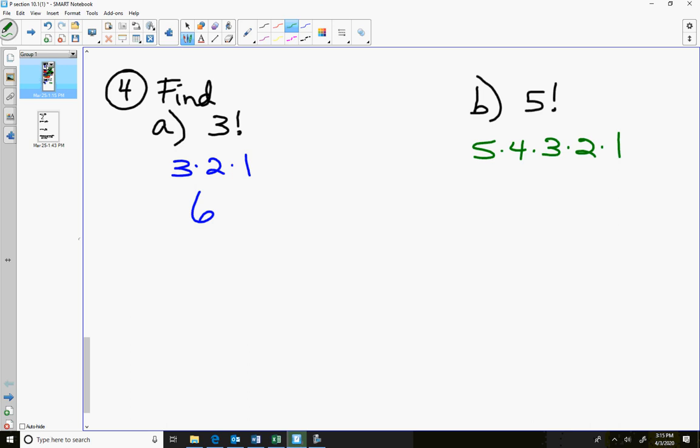Now you can do whatever you want to with it. We already know 3 times 2 times 1 is 6. That's 20. What's 20 times 6? Of course, you might have also put the 5 and 2 together and got 10 and did 10 times 12. Doesn't really matter. You're going to get the same answer of 120 every time anyway. Actually, if you're on my number sense team, you probably memorized these.